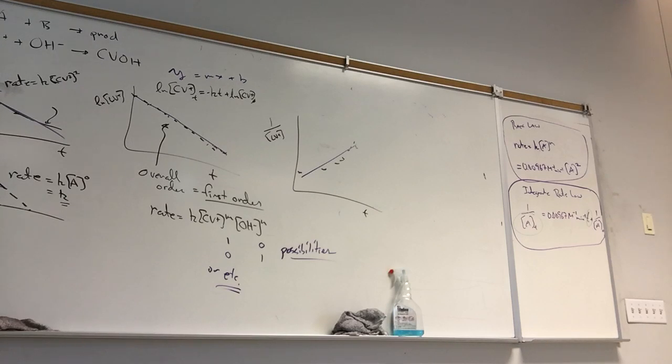But there's a problem here, because this is the method of initial rates. That's, you know, the tangent at time 0. When did your reaction start? When was the time 0 on your reaction?